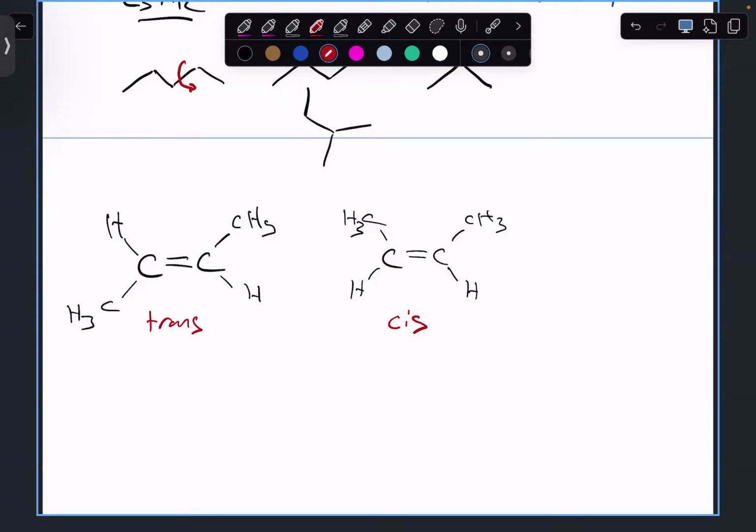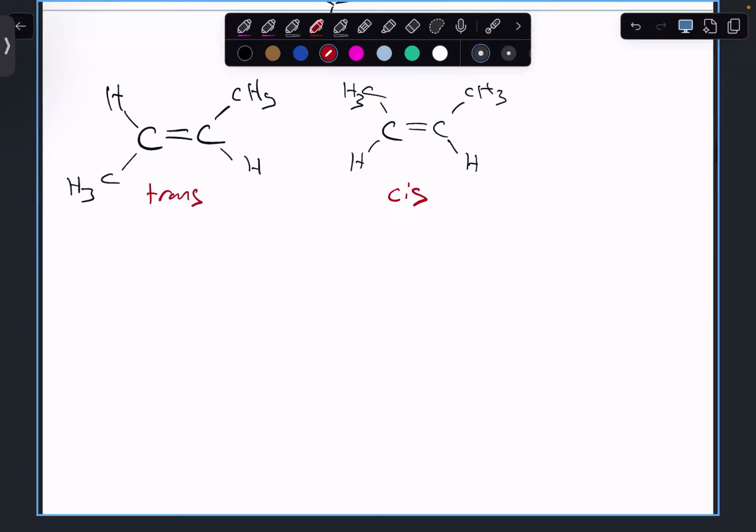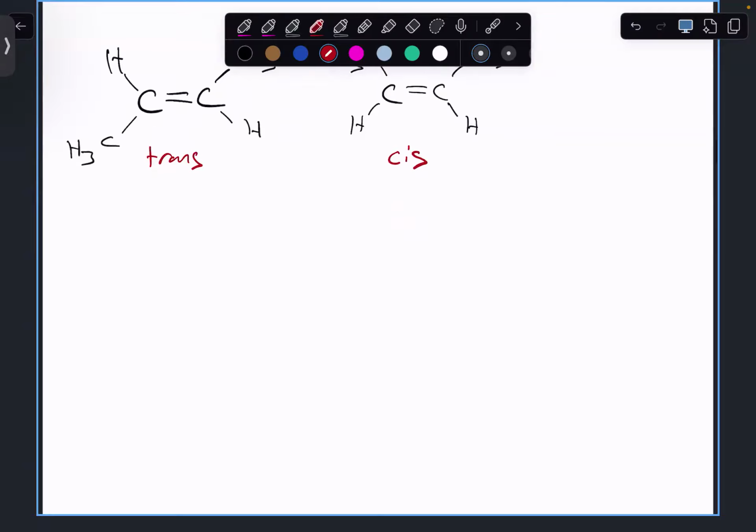The other thing that often restricts rotation in this way is a ring. So imagine something like this.